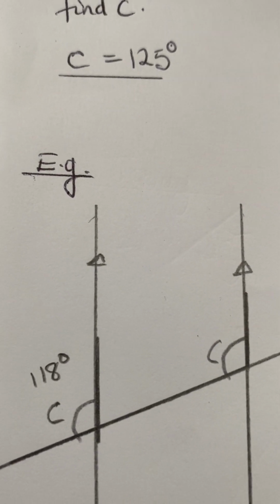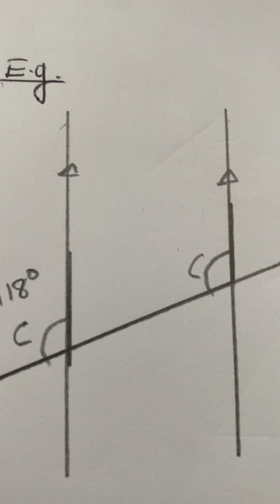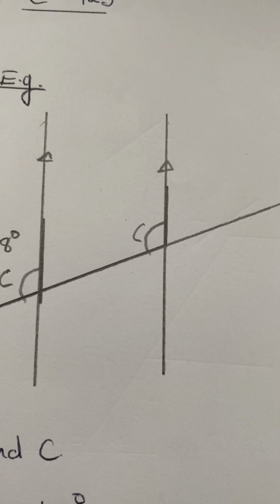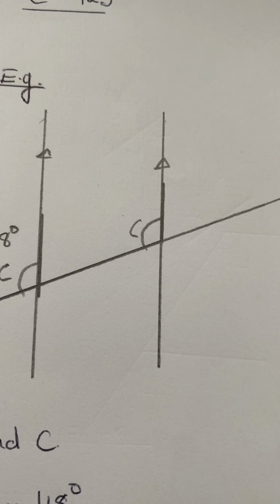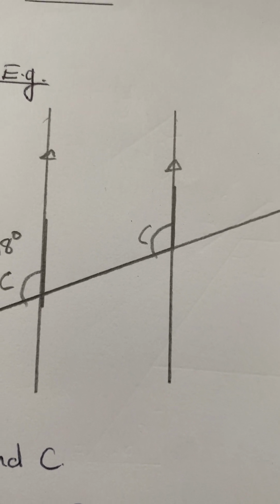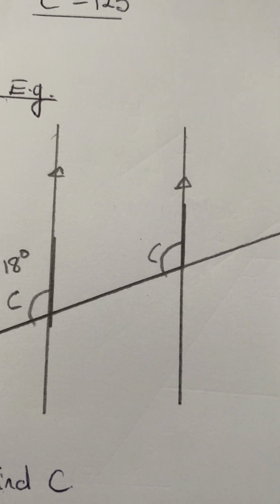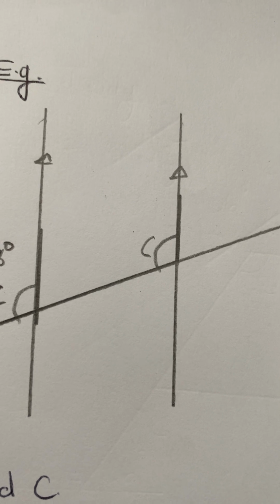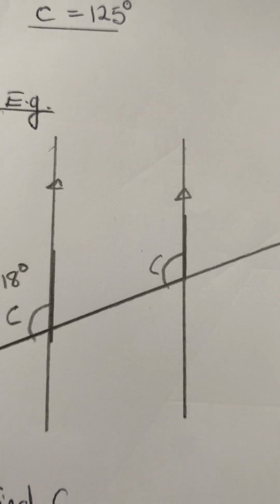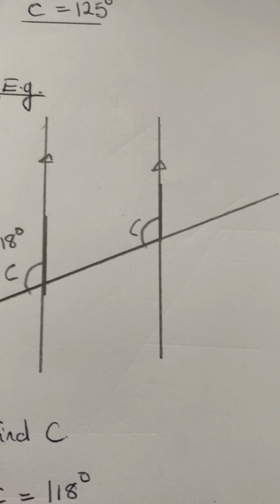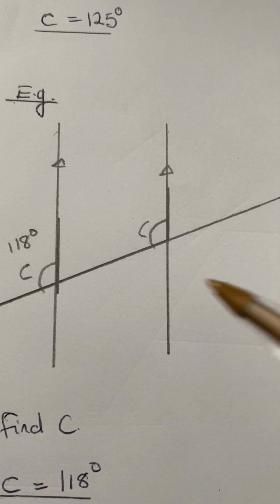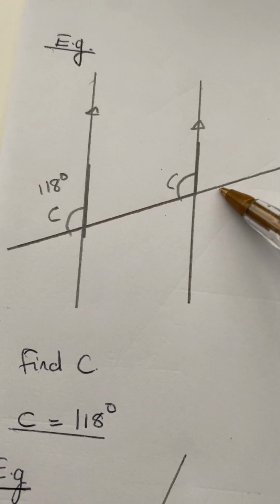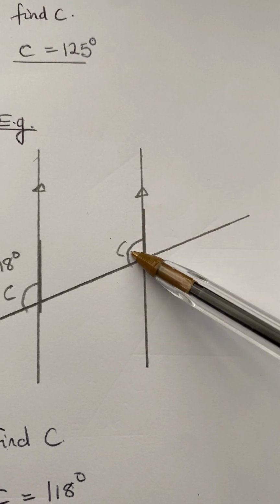Now let's look at the next example. As I said, today we are just looking at F angles or corresponding angles, and that will be our fourth lesson. Now here again, the F is not straightforward. That is the F here, from here to there, and that one there.